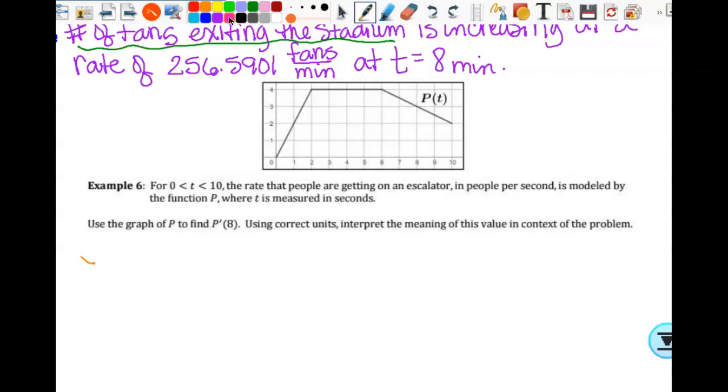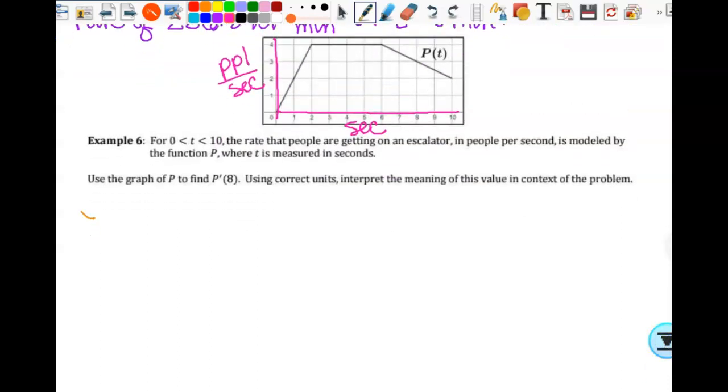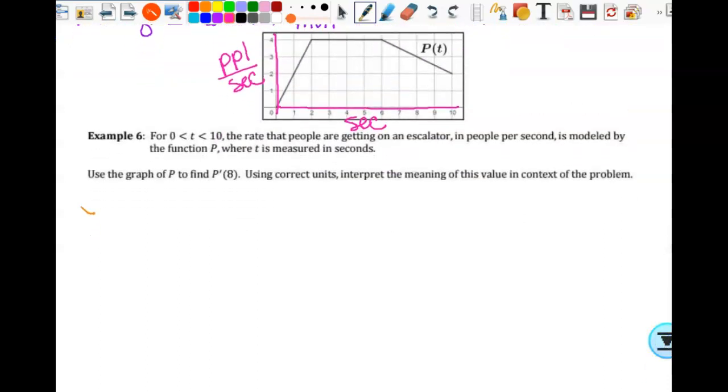So it says the rate that people are getting on the elevator in people per second. So this right here, my y, this is people per second. And t, this right here, is measured in seconds. Okay, so that you don't mess up on your units. Because sometimes you get 1 point just for having your units right. So if all else fails, write down what the units are for the answer.